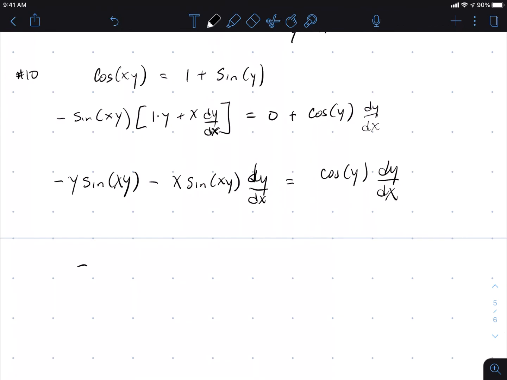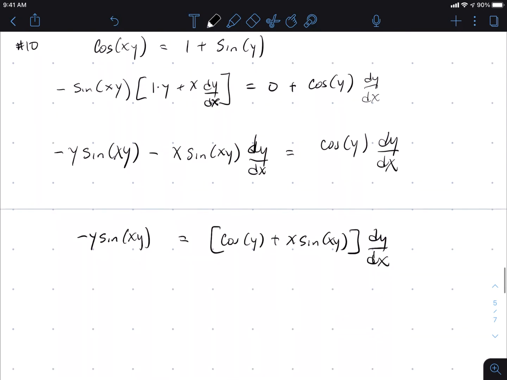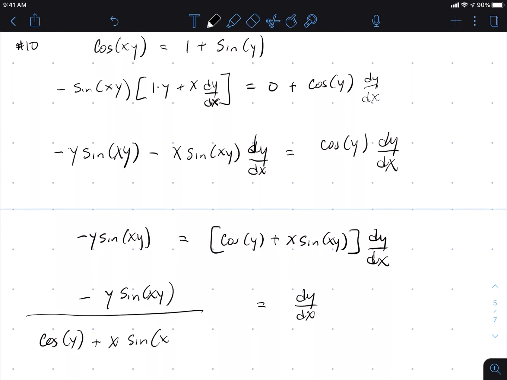So if I want to put them together, I'm going to go negative y sine xy is equal to, I'll go cosine of y plus x sine of xy, all of that by factoring out dy dx. Yes? Correct. So then dy dx is equal to negative y sine of xy over cosine of y plus x sine of xy. And that's our answer.